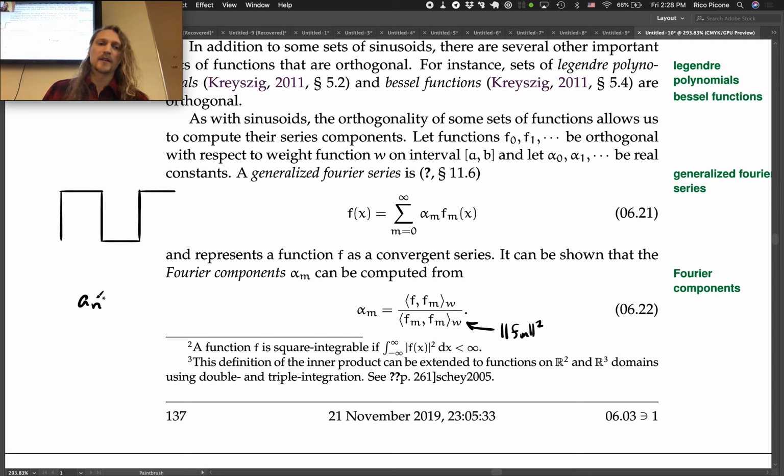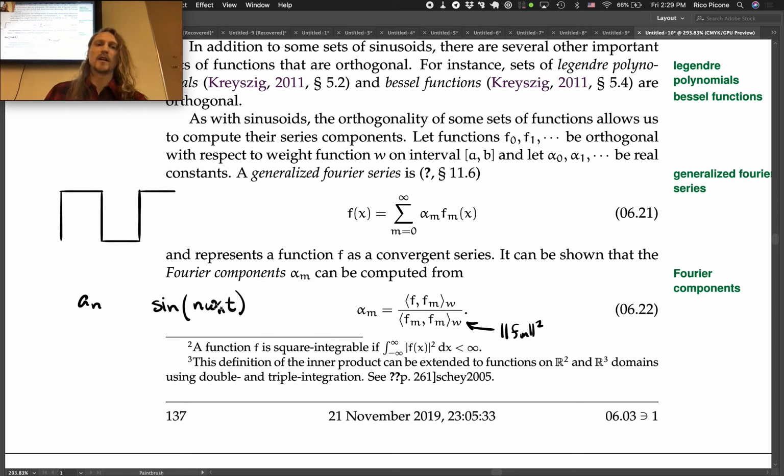When we computed our ans and our bns, we were saying these coefficients of these functions are computed by the Fourier analysis of 622. And these fms, for the sine and cosine, were things like sine of n times the fundamental angular frequency times t, for instance, for the sine series.